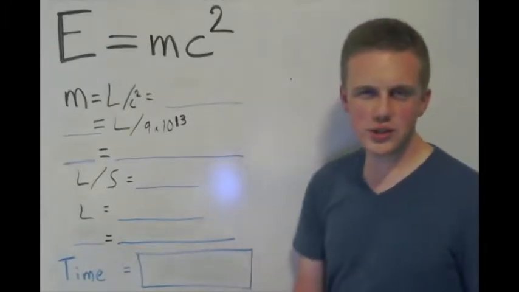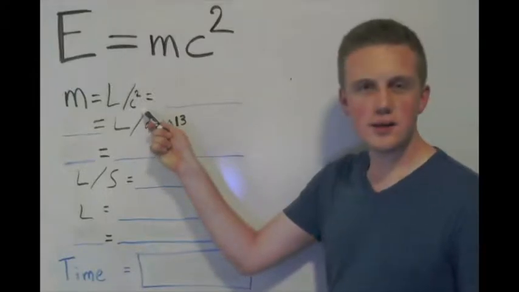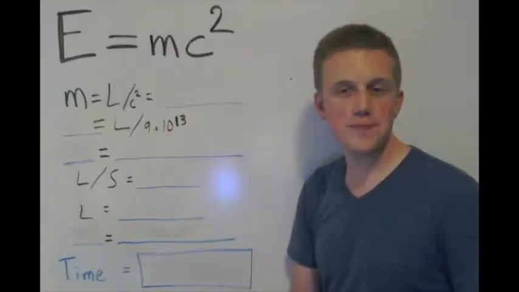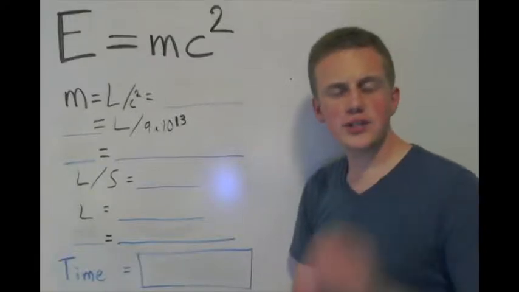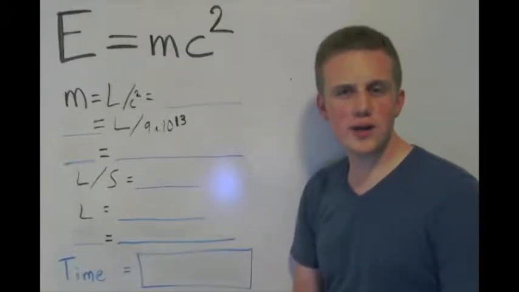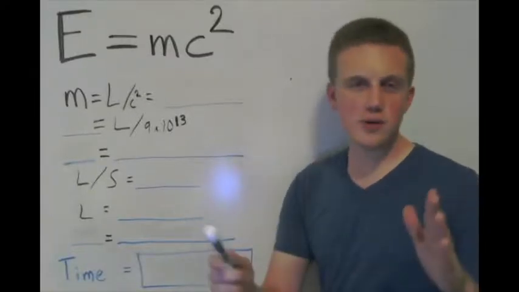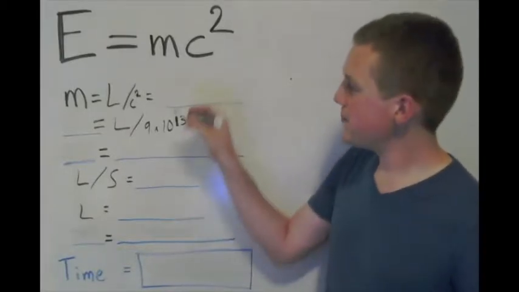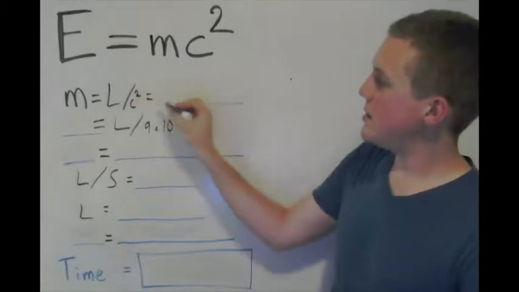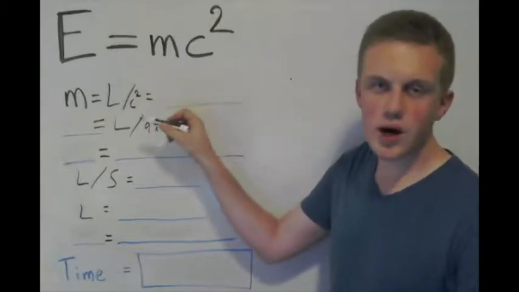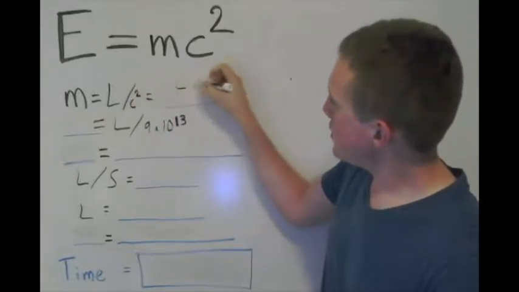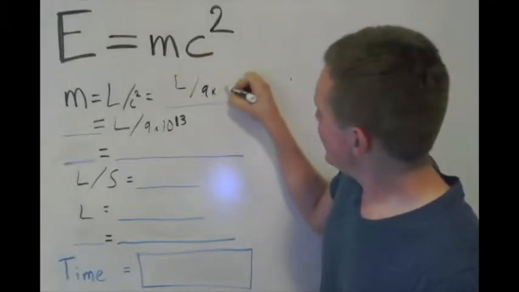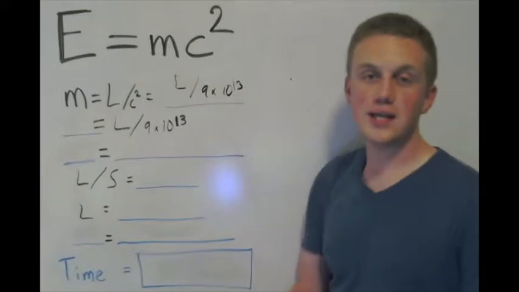Let's start with the original equation that was in Einstein's paper, m equals L over c squared. We should actually replace c squared with a number that's appropriate to convert between grams and joules. So I will say that m is equal to L over c squared, which is equal to L over 9 times 10 to the 13.